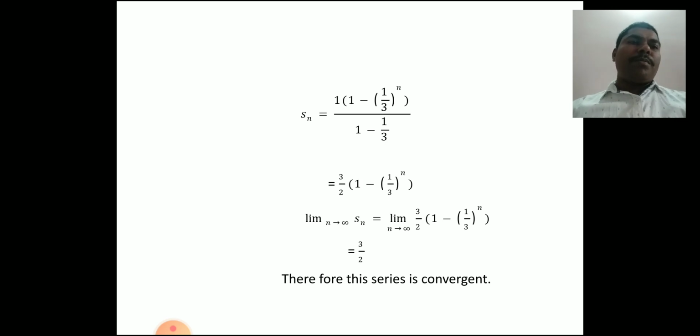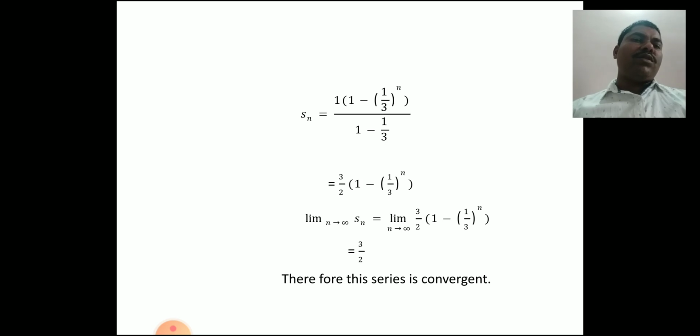So apply the limit on both sides as n tends to infinity. So we get limit of Sn as n tends to infinity is equal to limit of 3/2 into (1 minus (1/3)^n) as n tends to infinity.